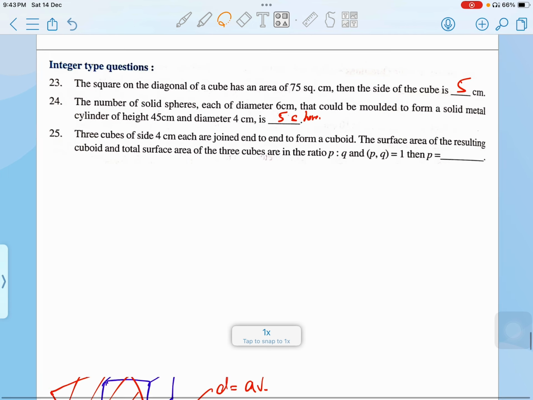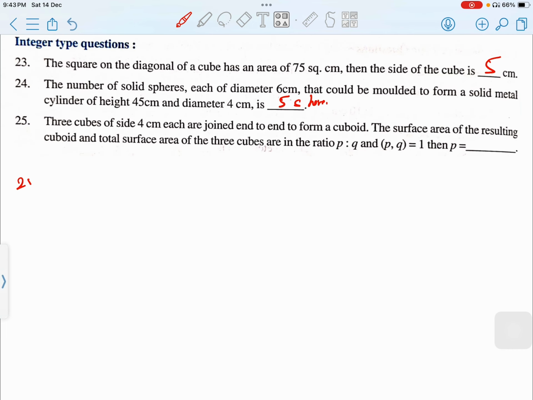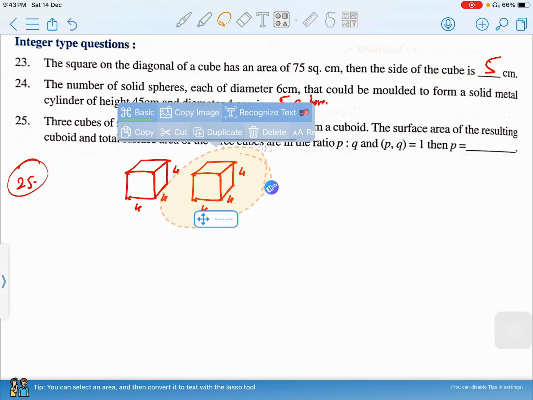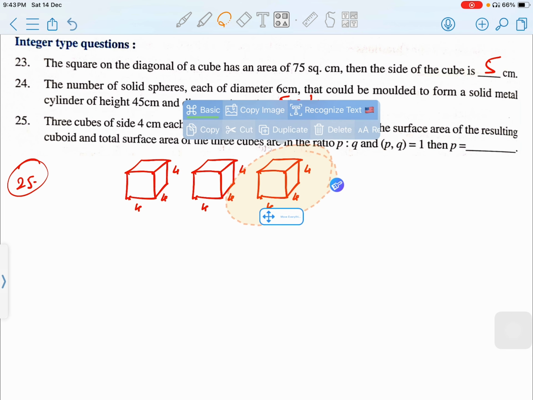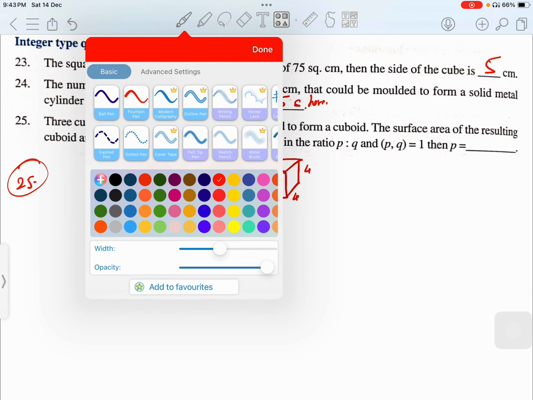Next question, 25th, last question. So three cubes of side 4 centimeters are joined. Actually you have cube 1 with 4, 4, 4. Like this you have three cubes, 1, 2 and 3. All these have joined together.